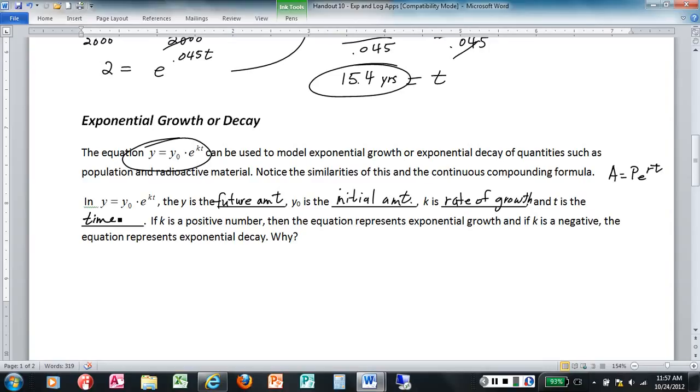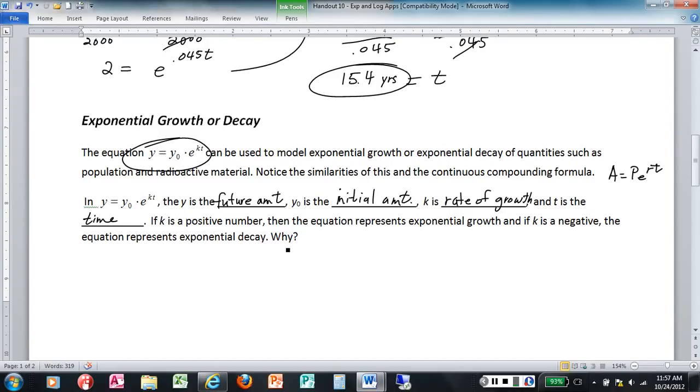All right, now, another point to make on this model here. If k is a positive number, then the equation represents exponential growth. If k is negative, the equation represents decay. Why do you think that is?